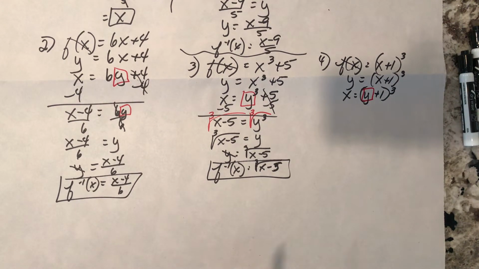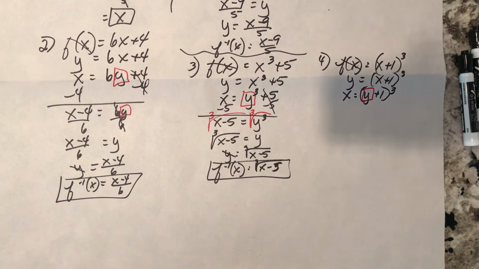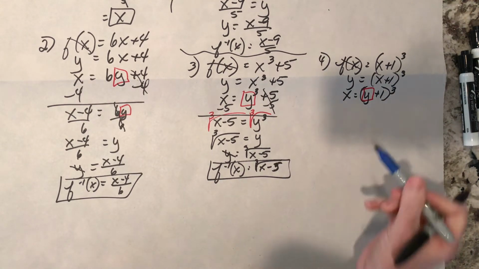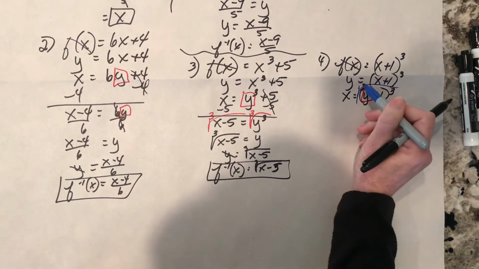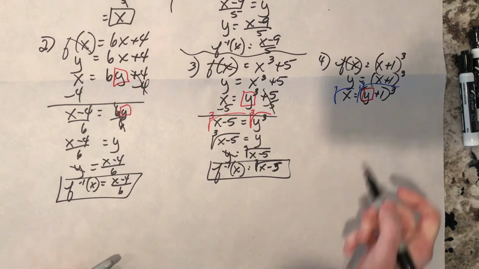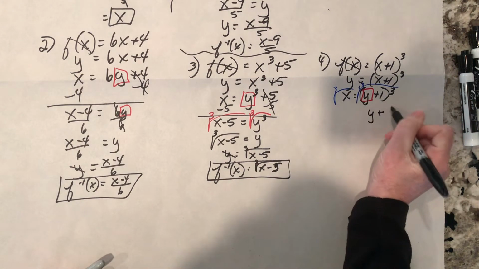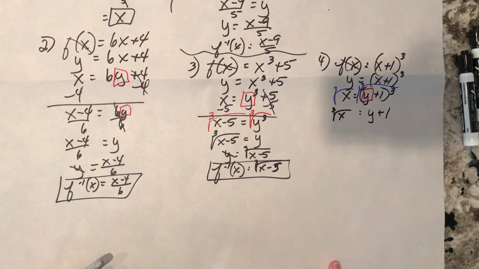So the first thing we want to do is uncube that. Because this is raising this guy to the 3rd power, I want to take the cube root of both sides. Do it to one side, got to do it to both sides. We end up with y plus 1 on that side, and the cube root of x on the left-hand side.